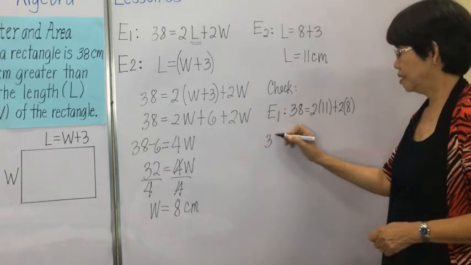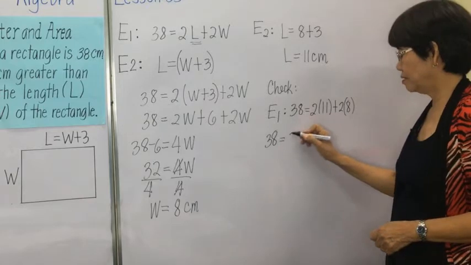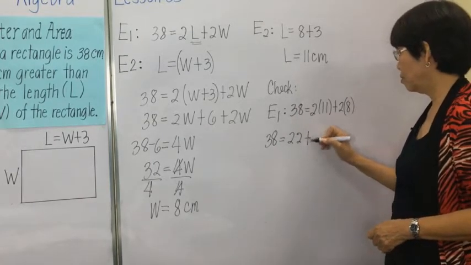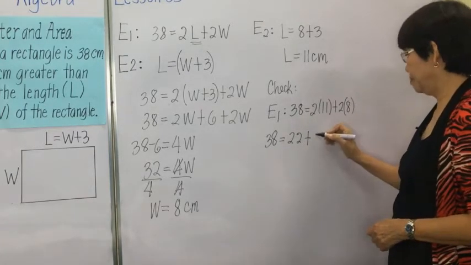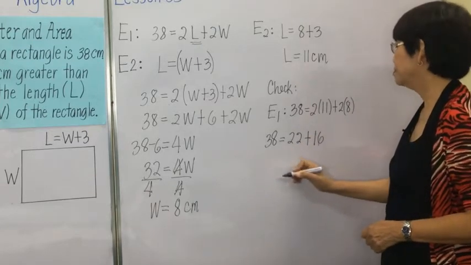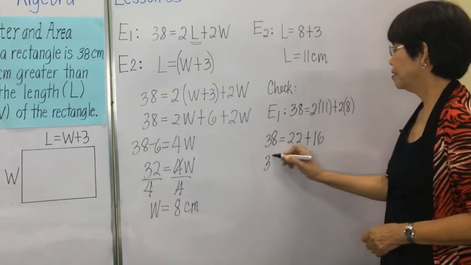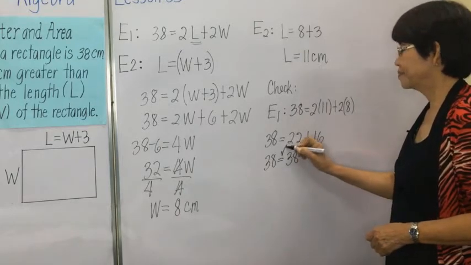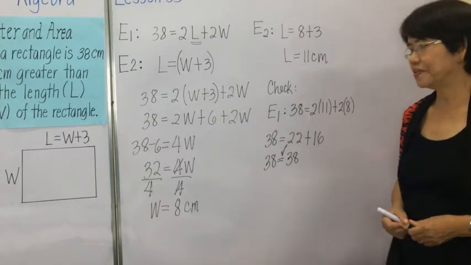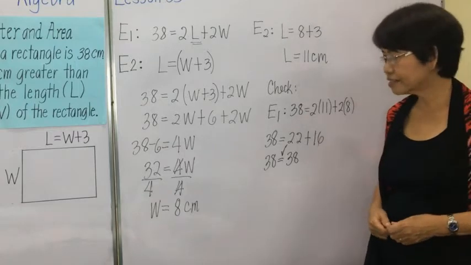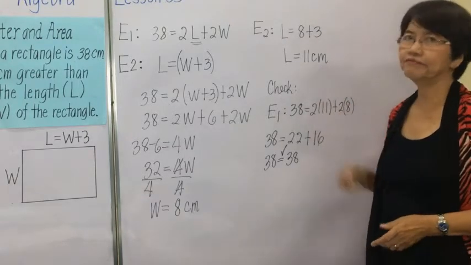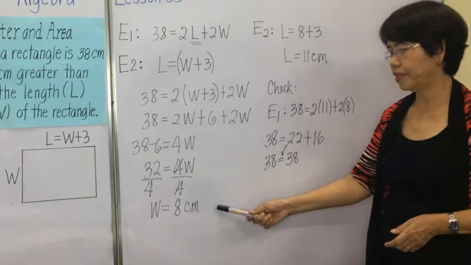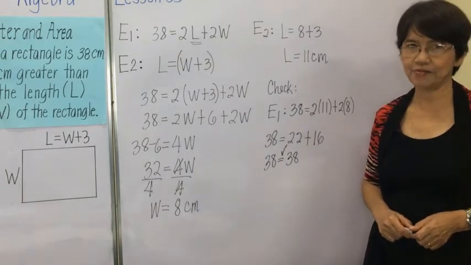So 38 equals 22 plus 16. So we have 38 equals 38. Check. So our answers are correct. Our length is 11 centimeters and the width is 8 centimeters.